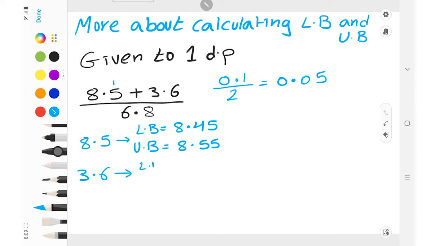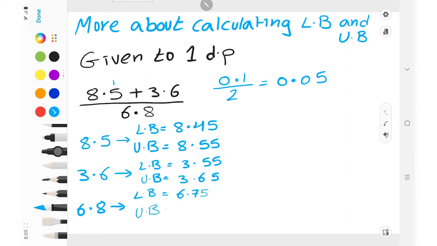3.6, my lower bound and my upper bound. My lower bound for 3.6 is 3.55. My upper bound is 3.65. For my last number, 6.8, my lower bound is 6.75 and my upper bound is 6.85.